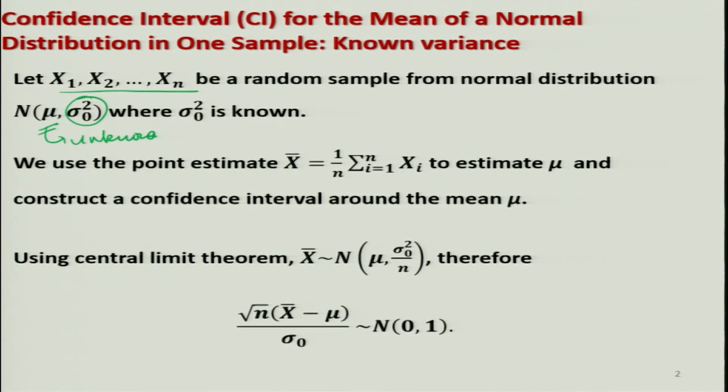You have learned how to estimate the parameter mu through point estimation, and we obtained that the point estimate of mu was x bar, under either the method of moments or maximum likelihood estimation. Now we want to construct the confidence interval around the mean mu.